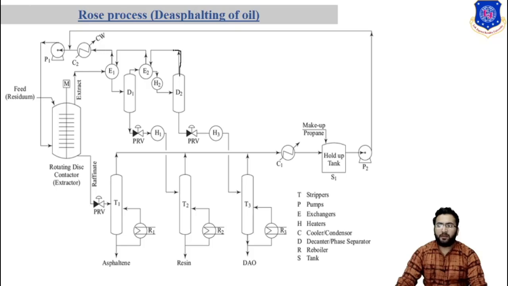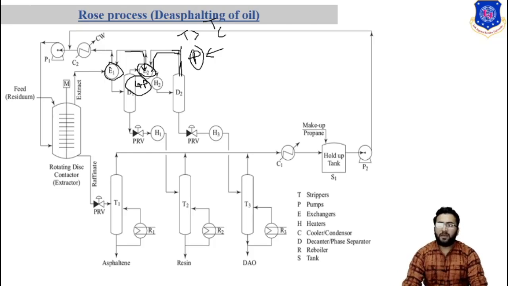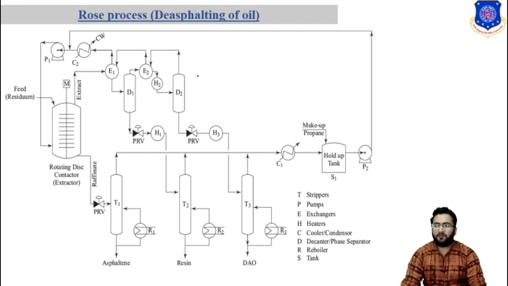This heated propane is passed through heat exchanger E2 to heat up the lube oil plus propane stream, because we have converted this propane to a supercritical state. That's why this propane has a temperature higher than the critical temperature. This arrangement of heat exchangers E2 and E1 lets us recover energy compared to the conventional process.